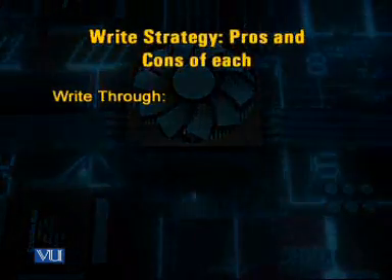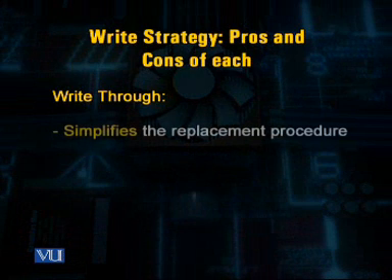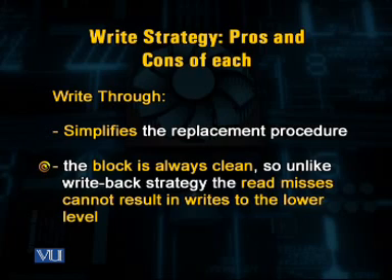Whereas if the contents are not modified, then the bit is clear and it is referred to as a clean cache. Whereas the write through policy simplifies the replacement procedures. The block is always clean here.